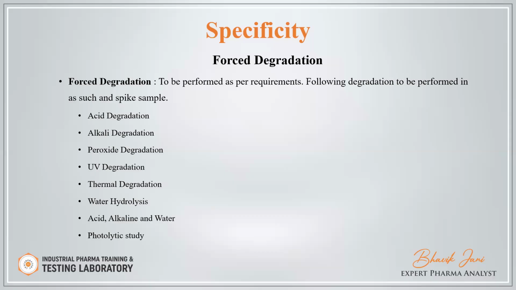So in a forced degradation study, we have to perform acid degradation, alkali degradation, peroxide degradation, UV degradation, thermal degradation, water hydrolysis, and photolytic study. This type of degradation we have to perform during our method validation study.